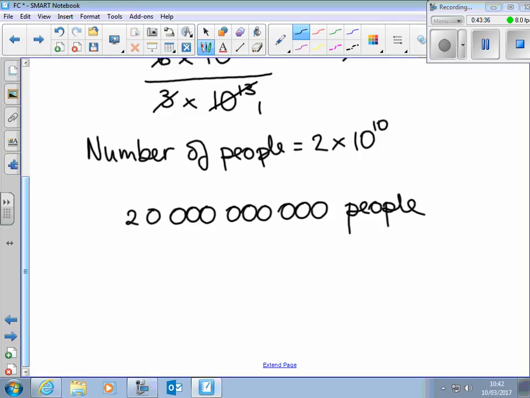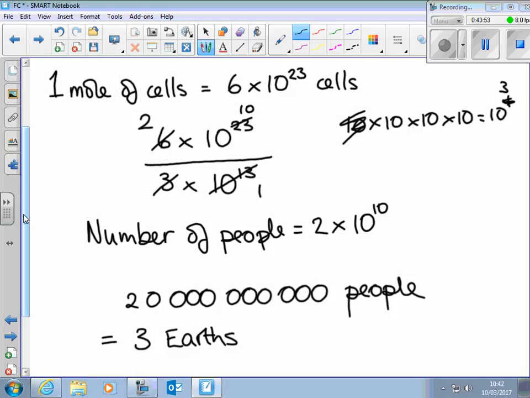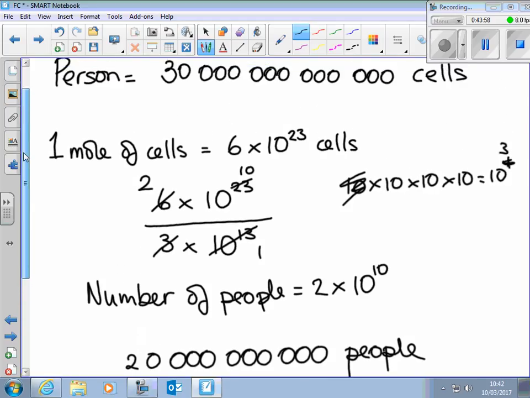How many are there on the Earth? About 7 billion. So it's about 3 Earths of people. You can copy that out if it helps. The size of this number is ridiculous, isn't it?